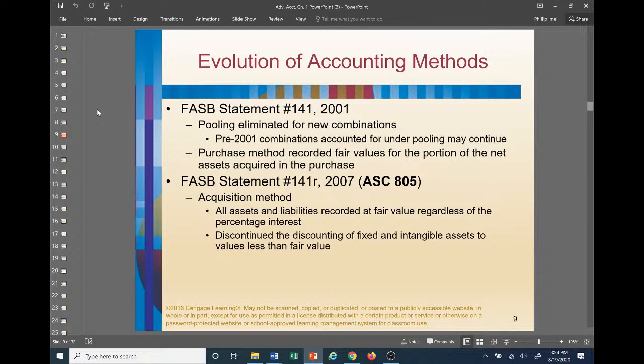When you get into consolidating companies, a lot of times there will be a non-controlling interest, a portion which you either cannot purchase, or a percentage that's just out there from other non-controlling interests. Discontinuing the valuing of fixed and intangible assets at values less than fair value. So what we're moving to now is recording everything at fair value, regardless of the amount that we own.